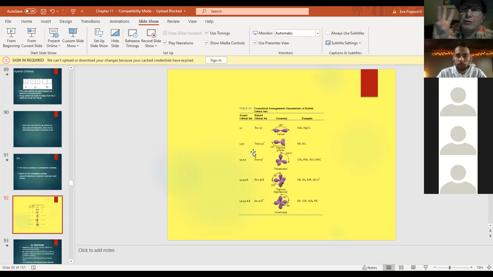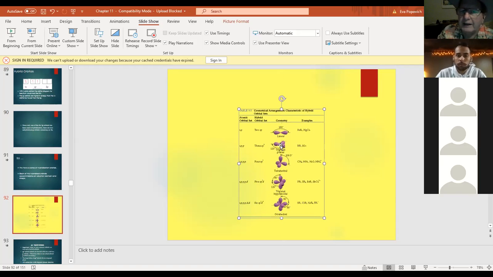If I get three electron clouds, I have to incorporate another orbital. So I'm going to incorporate one s and two p's. My atomic orbital set is an s and two p's. My hybrid orbital set is going to be three sp2 orbitals. The sp2 orbitals get oriented like a trigonal planar.